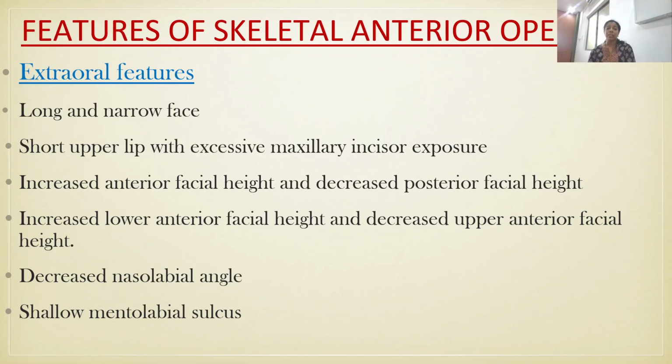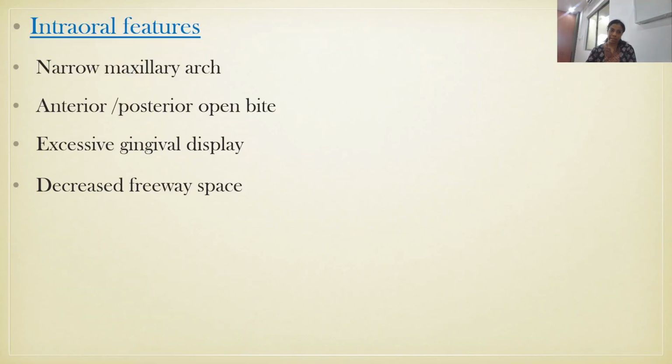Also there may be increased lower anterior facial height and decreased upper anterior facial height, that is alteration in the vertical thirds of the face. Decreased nasolabial angle can be considered as one of the features of anterior open bite. And also patient may be presented with shallow mentolabial sulcus.